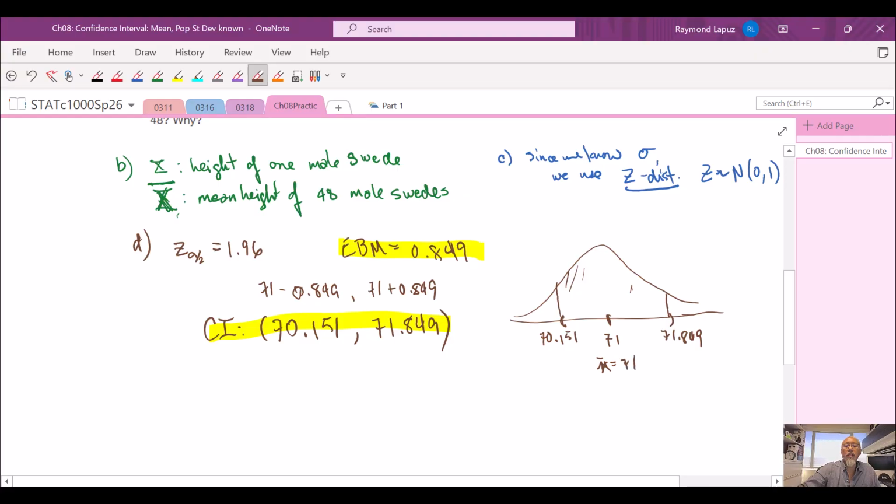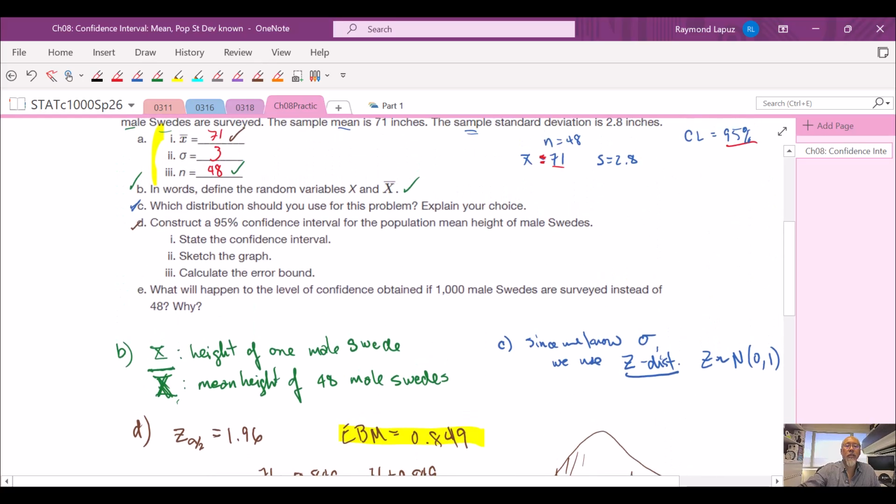Your standard deviation is going to be the original standard deviation divided by the square root of n, where n was 48.